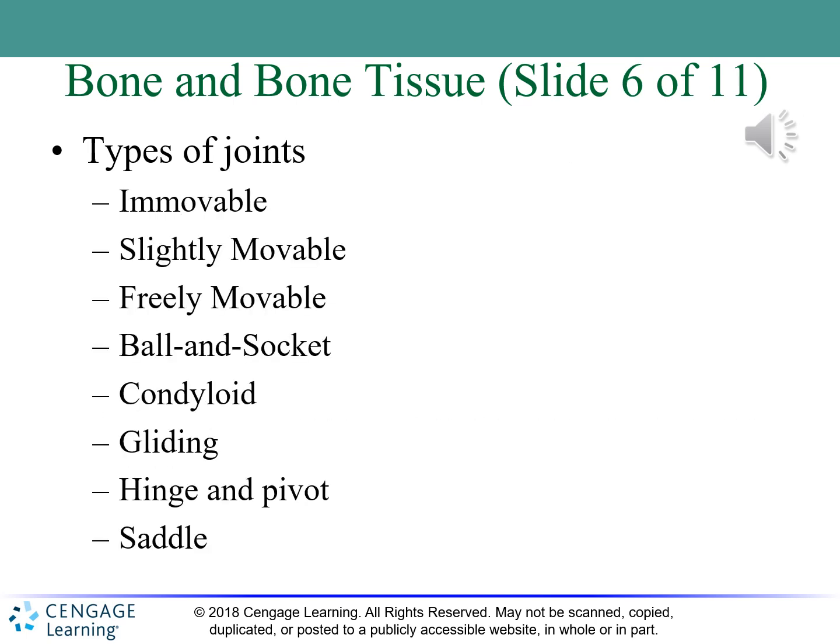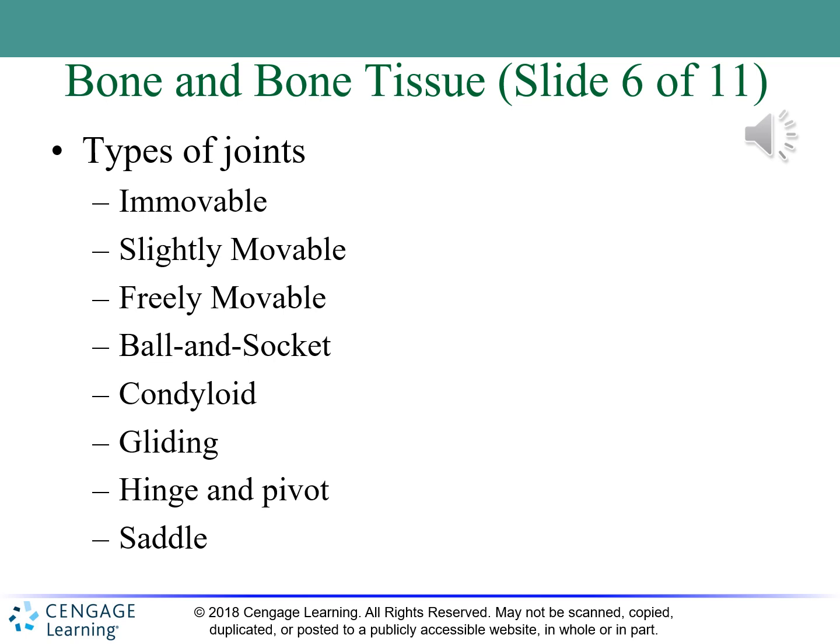All right, so under there are the types of joints, and you can see all of them right here on the slide. The area where two bones meet to form a joint is called the articulation. Articular cartilage: you'll have articular cartilage on top because it's in the joint.